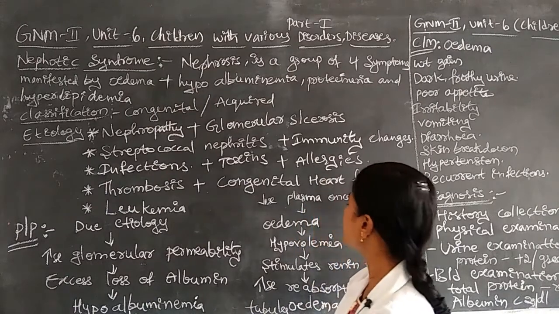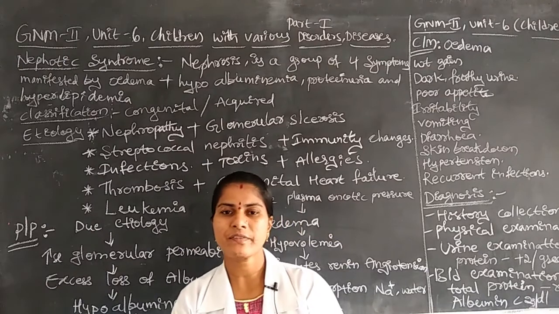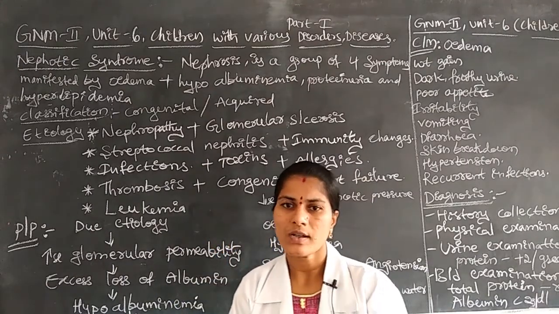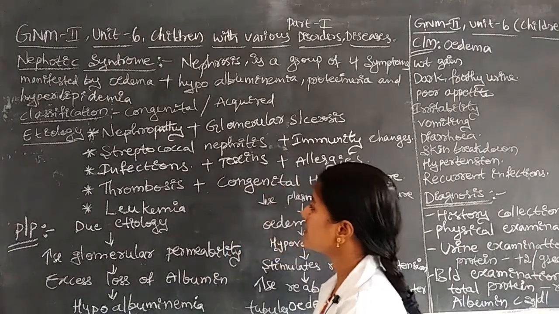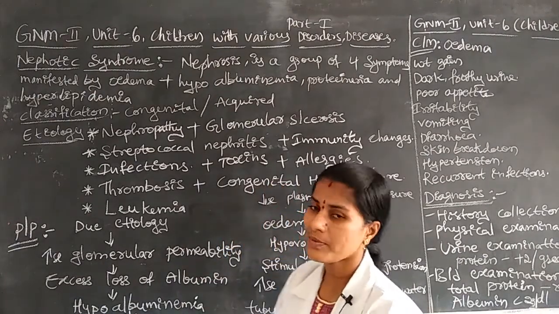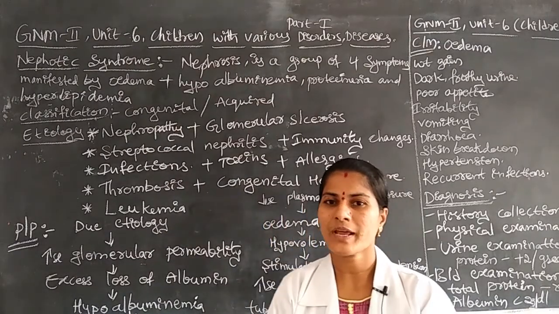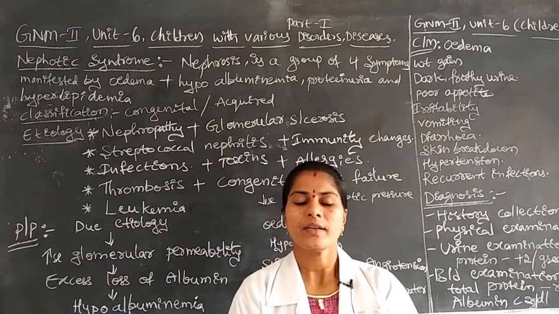Another one is congenital heart failure. Sometimes the child may be suffering with heart disease. What is the relationship between congenital heart failure and nephrotic syndrome? In nephrotic syndrome, blood albumin levels decrease, or sometimes blood cholesterol levels increase.